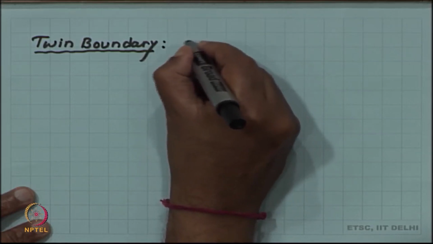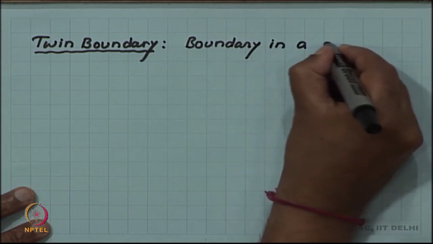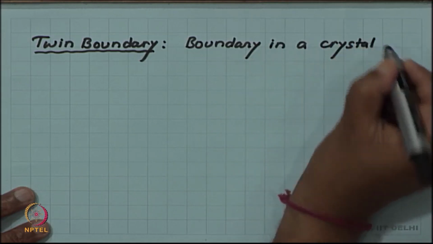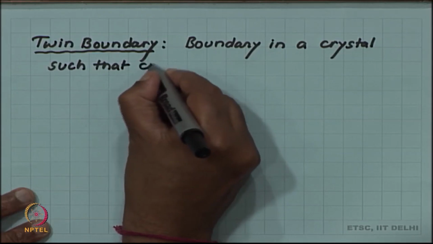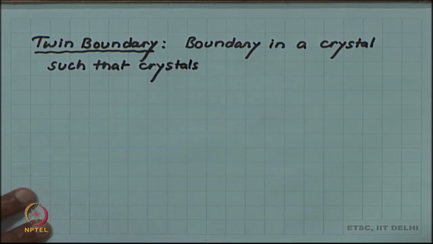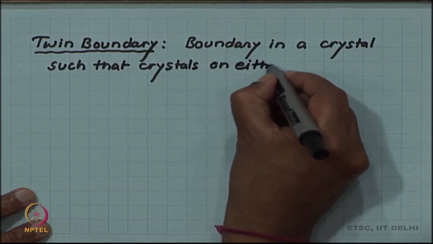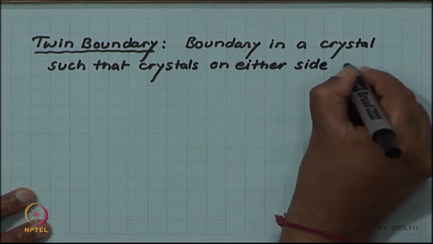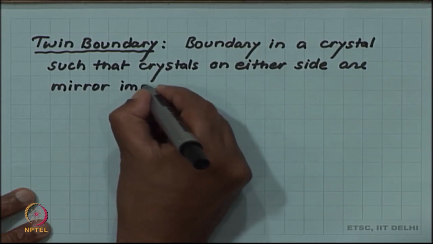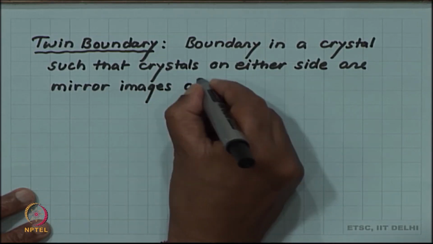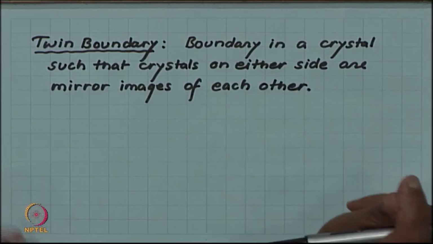So, a twin boundary is a boundary where the crystals on either side are mirror images of each other.